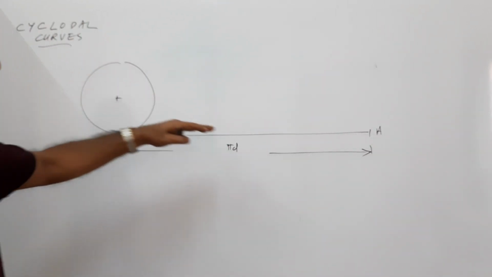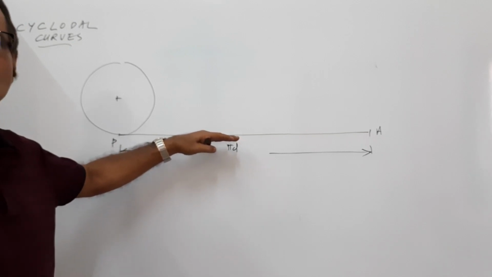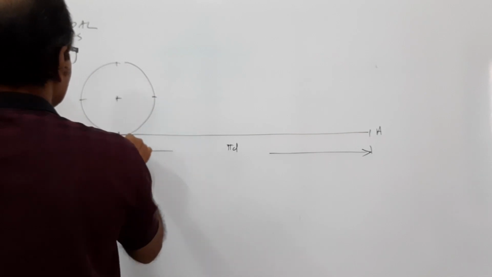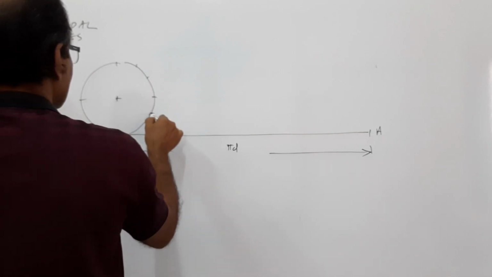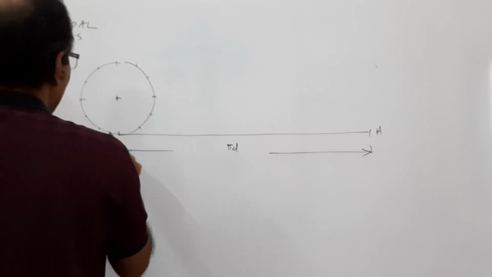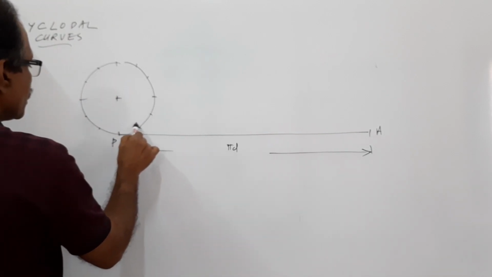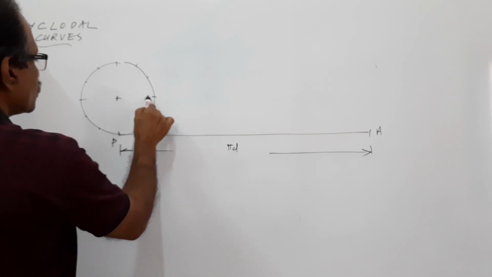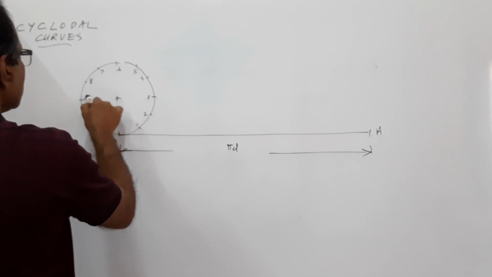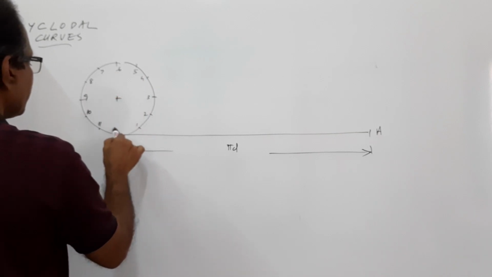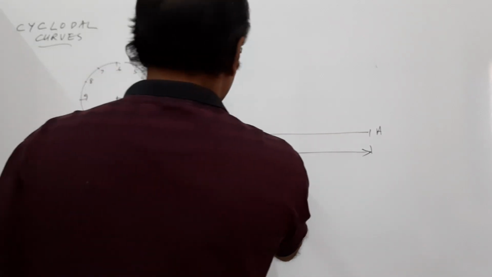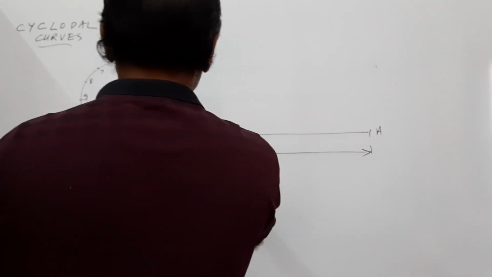Divide the circle and the circumference pi d into 12 equal parts, and mark them as 1, 2, 3, 4, 5, 6, 7, 8, 9, 10, 11, finally 12. Divide this pi d into 12 equal parts.